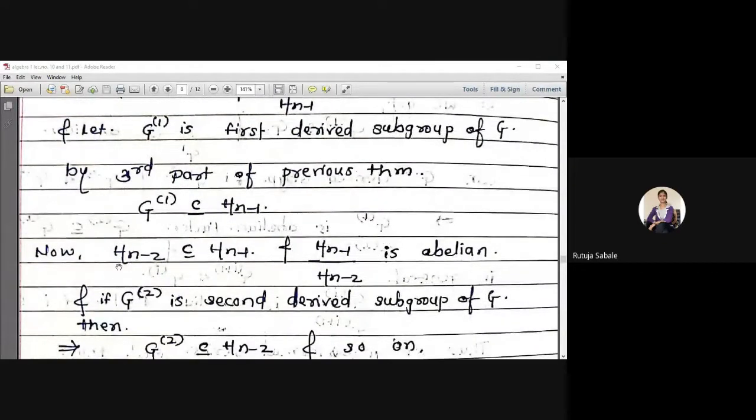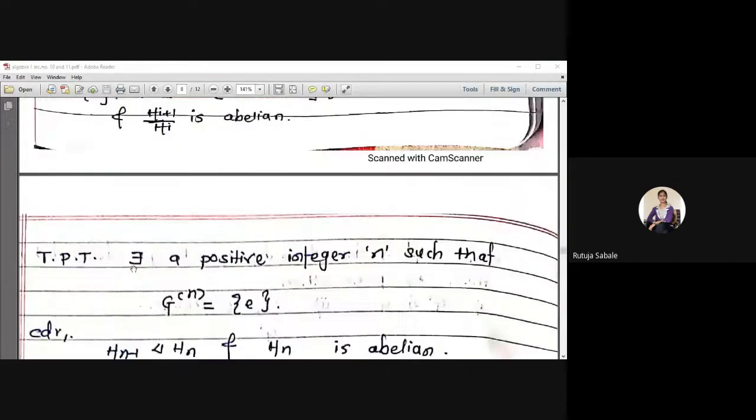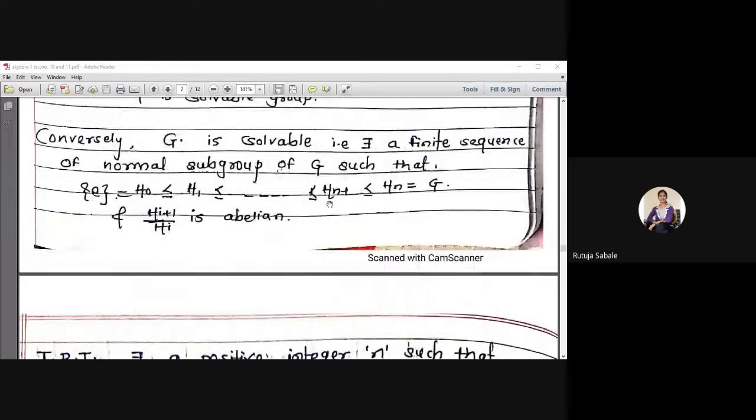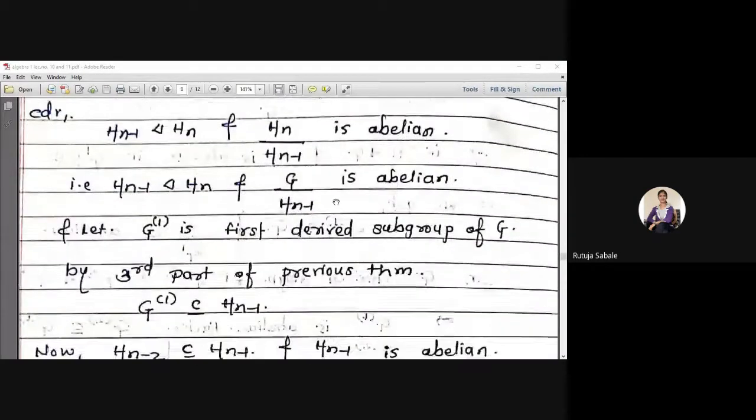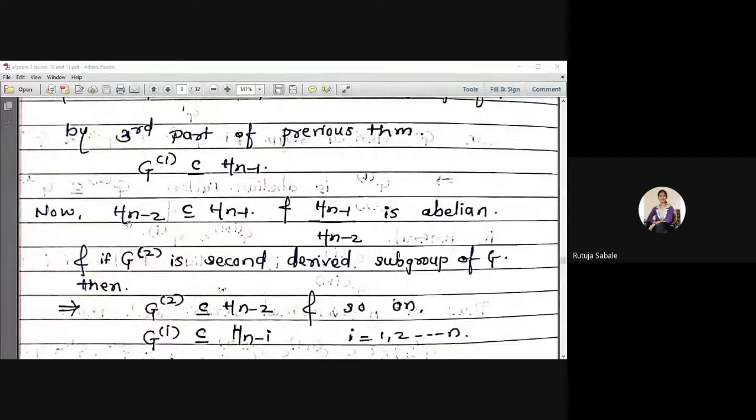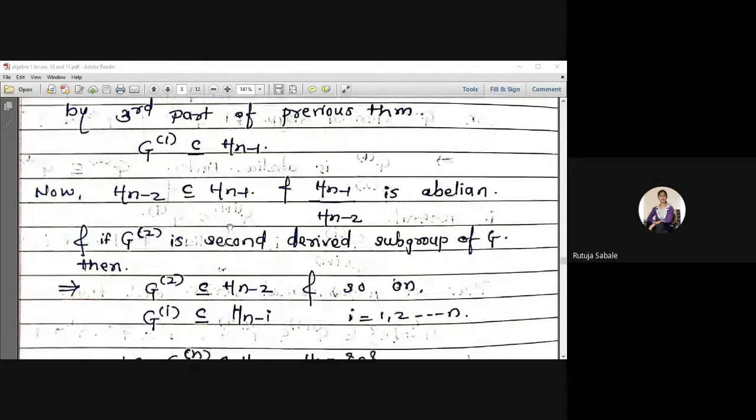Now from the series we have this series, H_{n-2} is normal in H_{n-1}. Okay, look here, H_{n-2} is contained in H_{n-1}, and H_{n-1} upon H_{n-2} is an abelian factor. We assume that this is the solvable series, hence this factor group is abelian, and H_{n-2} is contained in H_{n-1}.